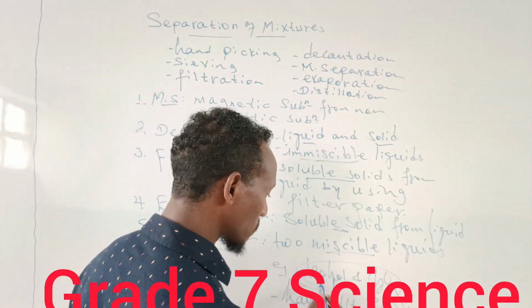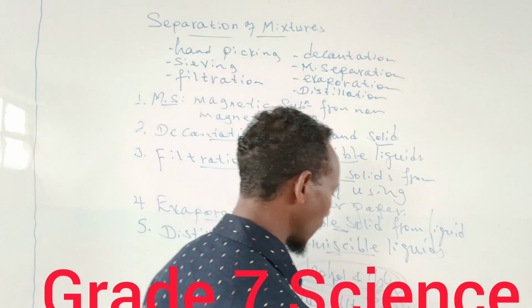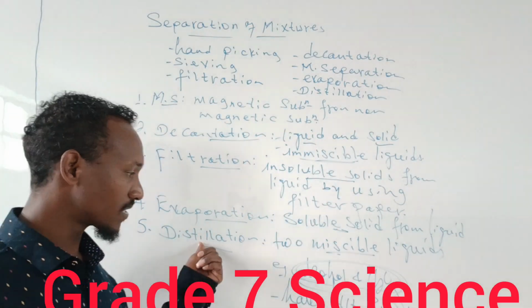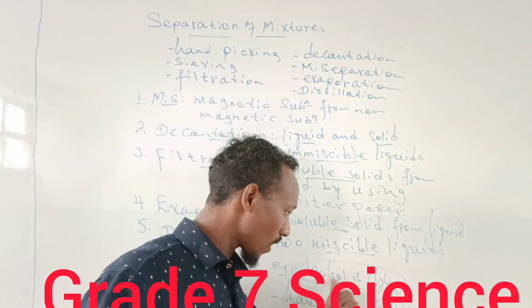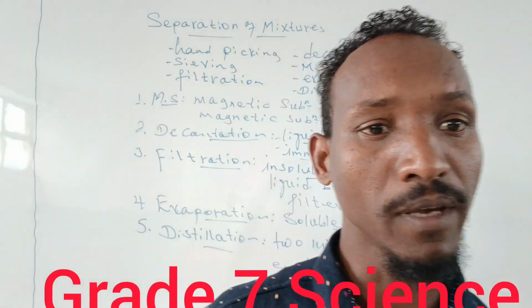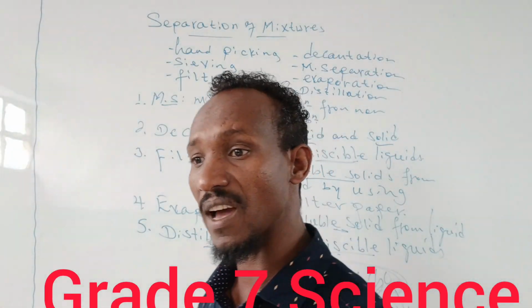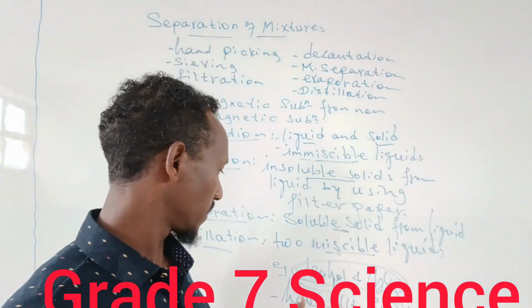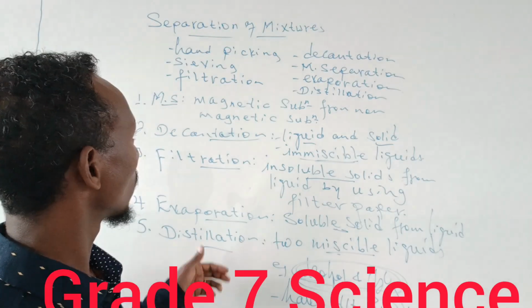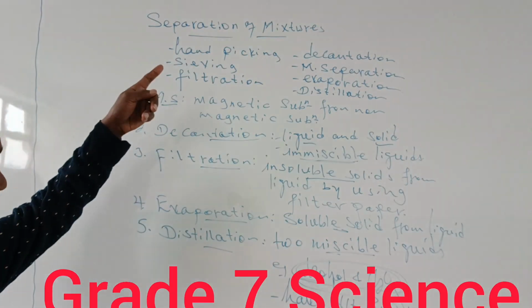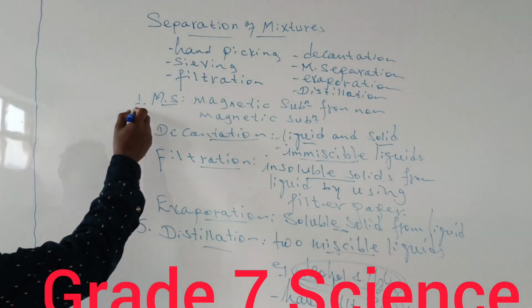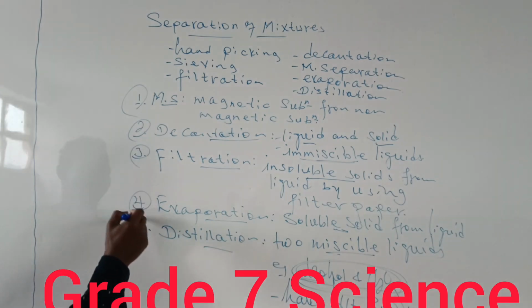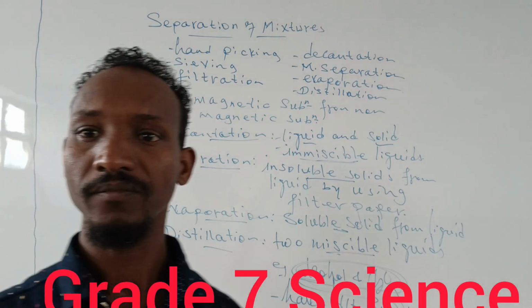So, a mixture of water and alcohol can be separated by using distillation, and alcohol and water are miscible liquids because they dissolve in each other. These are the methods or techniques used to separate mixtures into their useful components. So try to differentiate them and give examples for each. Thank you.